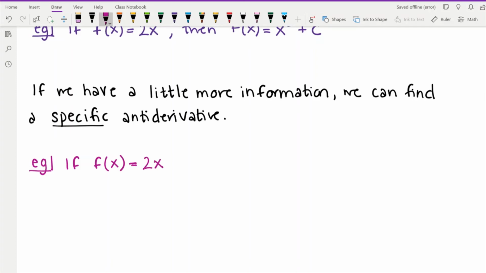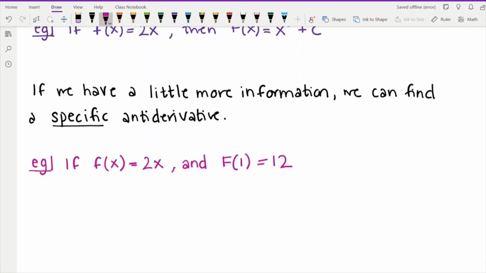But let's say we're also told that for our antiderivative, if you plug 1 into the antiderivative, you get 12. This gives us additional information that will allow us to figure out specifically what our antiderivative is without having to just say plus c.